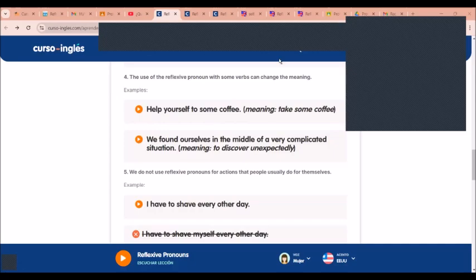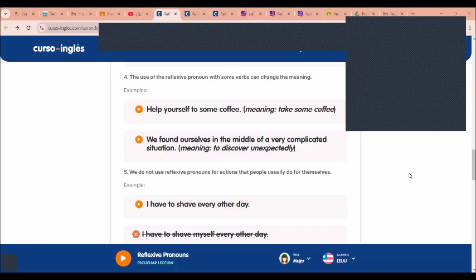Number five, Esmeralda. Yes, we don't use reflexive pronouns for actions that people usually do themselves. Examples: I have to shave every day, no, every other day, not I have to shave myself every other day.